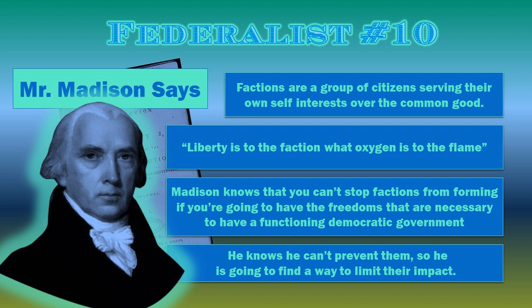So factions are a pretty normal thing, but for a government that's going to give power to the people, factions are particularly potentially dangerous. So what Madison says here is that we cannot control what causes the faction, because what causes the faction are things like freedom of speech and being able to think and discuss, and he doesn't want to take those away.